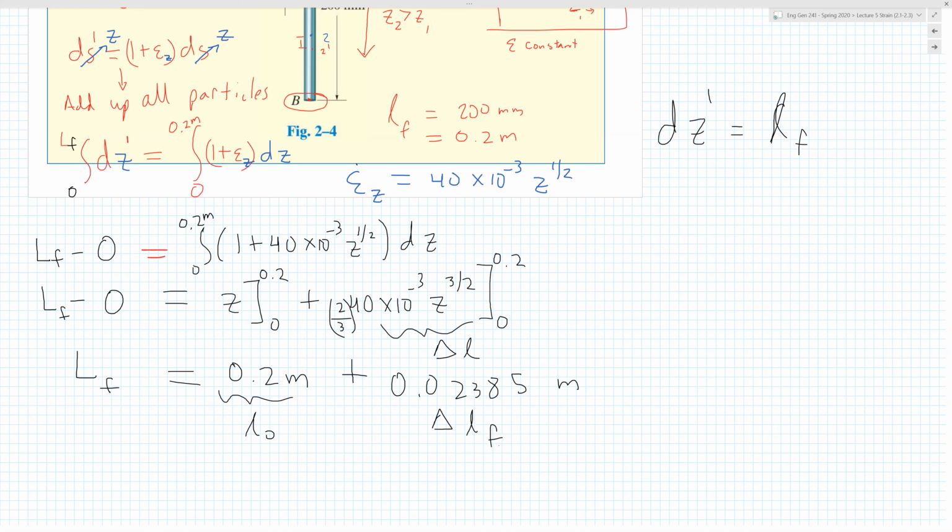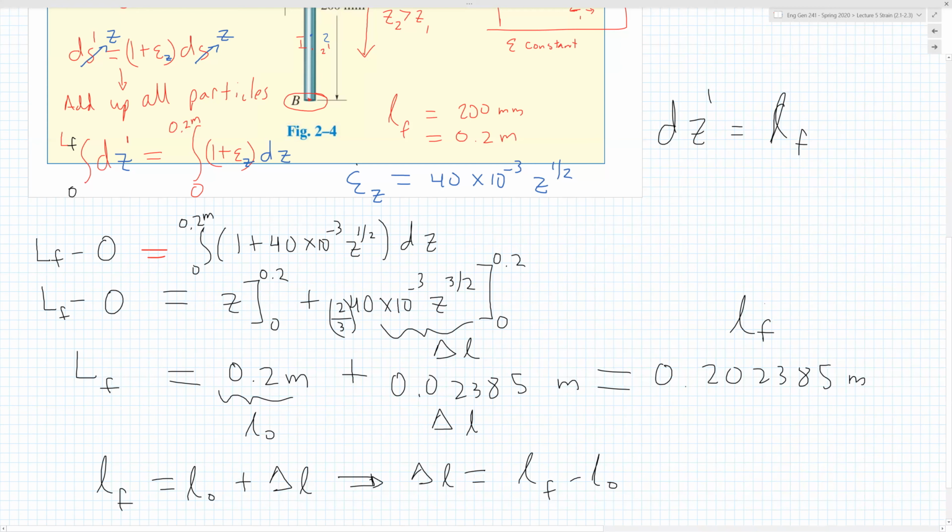Not L final here, it should just be the change in length. Because if I modify this, your change in length is L final minus L initial. So the final length is 0.202385 meters.